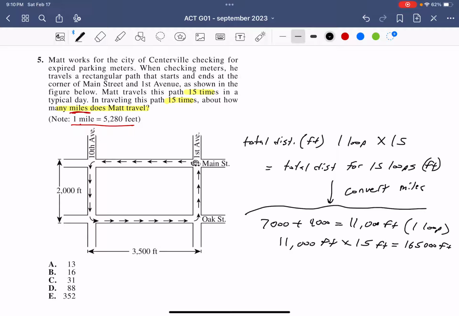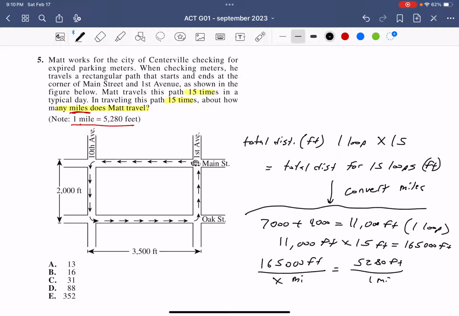So we can say, okay, if I have 165,000 feet for some number of miles, we'll call it X miles. And using what we have up here, our conversion, we know that 5,280 feet is the equivalent of 1 mile.